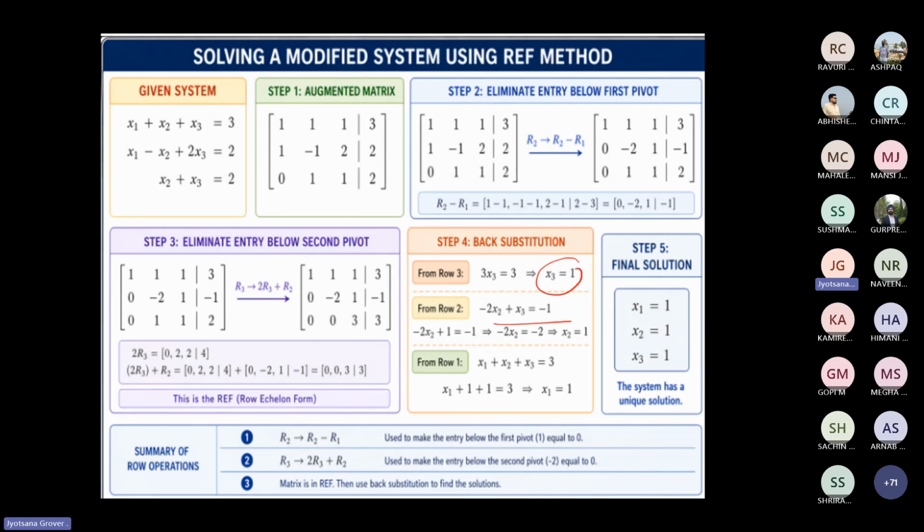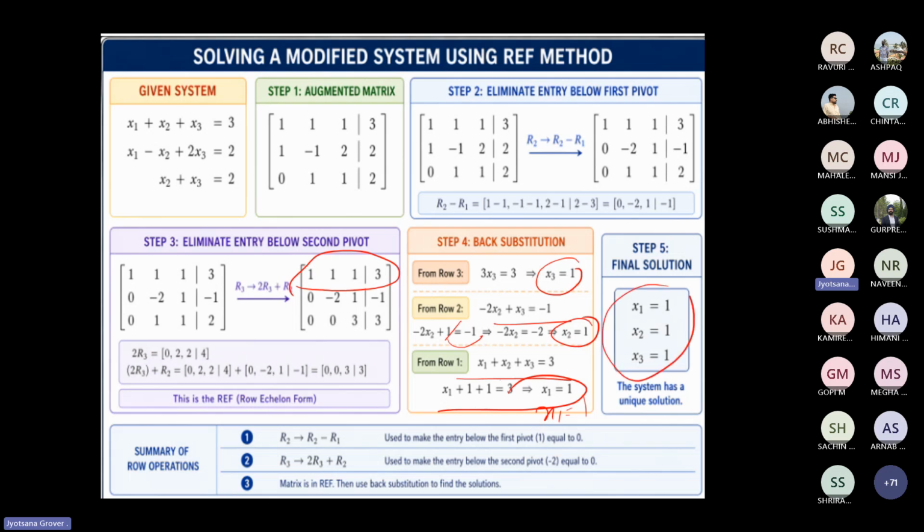So 1 minus 2x2 is minus 1... so x2 is 1. Now substitute x2 as 1 and x3 as 1 in the first equation: x1 plus x2 plus x3 is 3. You get x1 is 1.